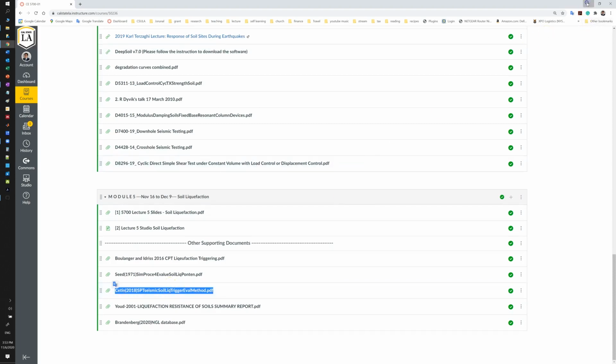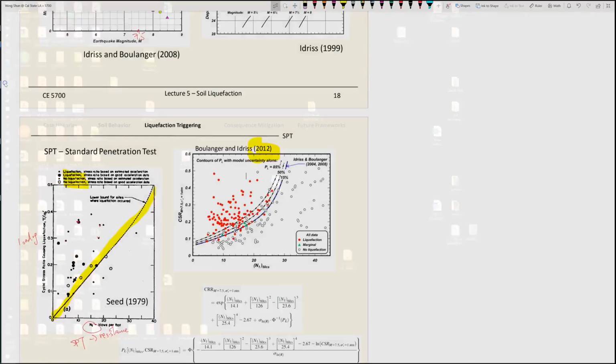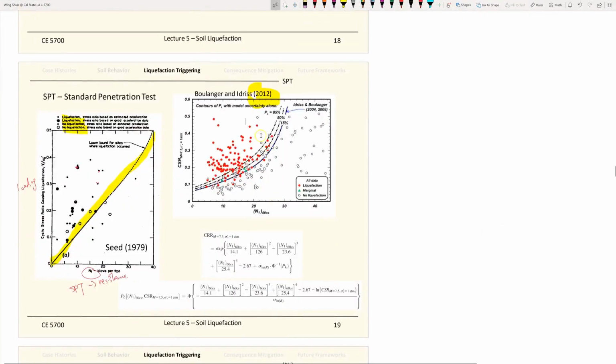And for sure, you can expect it is built on the Boulanger and Idriss model. So you can see the difference between 2012 and 1979. You have much more data points now. The red dots mean you found the liquefaction evidence. The open dots mean you don't have it.